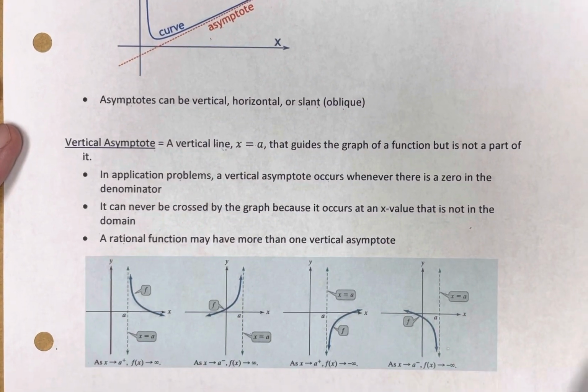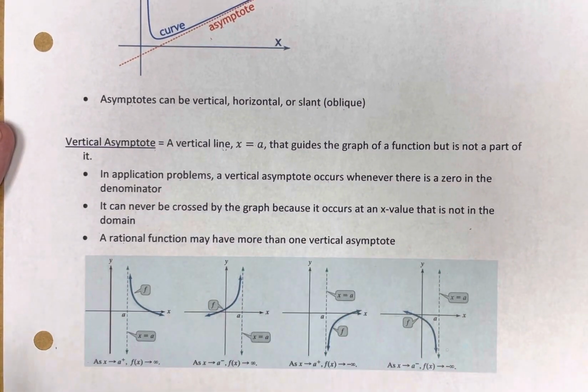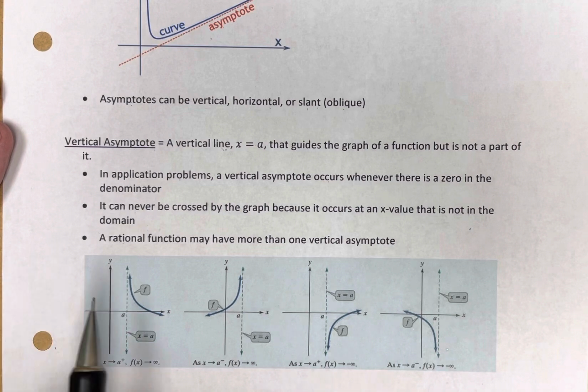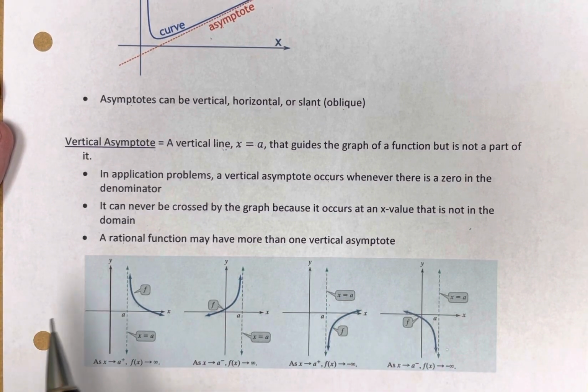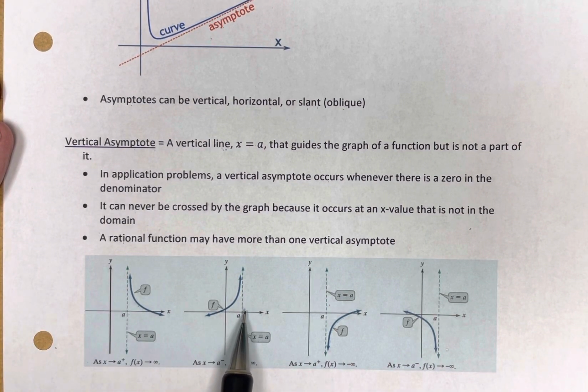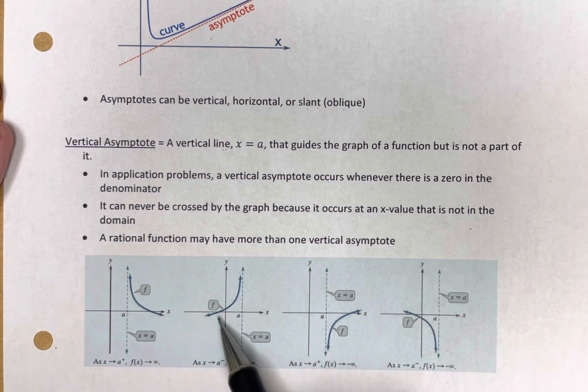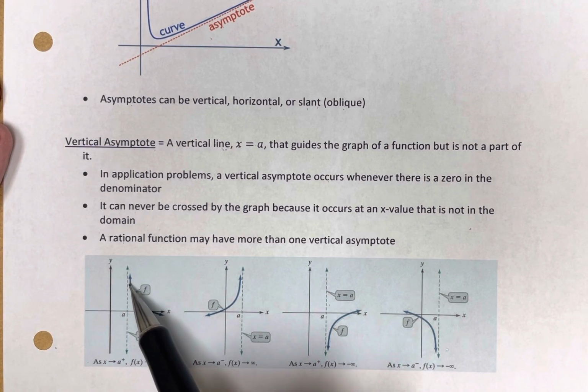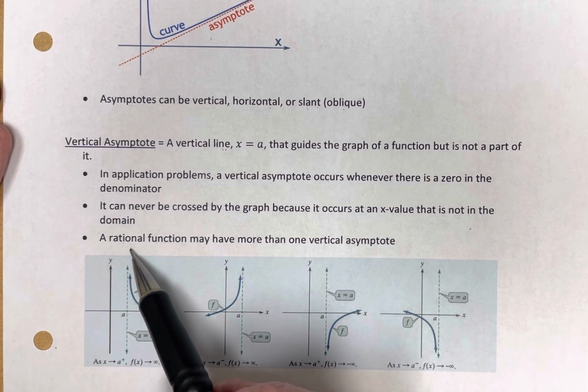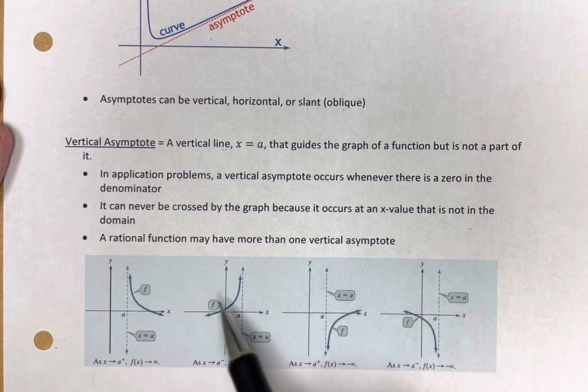Rational functions can have more than one vertical asymptote. These four examples have a single vertical asymptote, x equals a, here, here, here, and here. You can see in this graph, as you come in from the right and go up, it will go closer and closer to that dotted line without touching it.